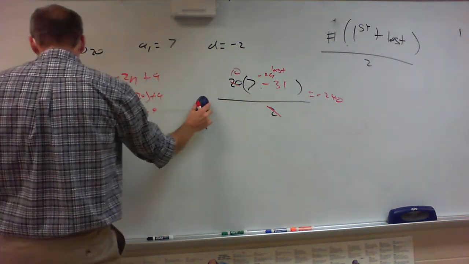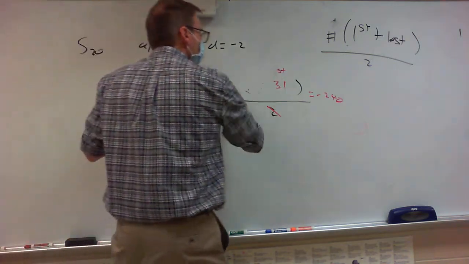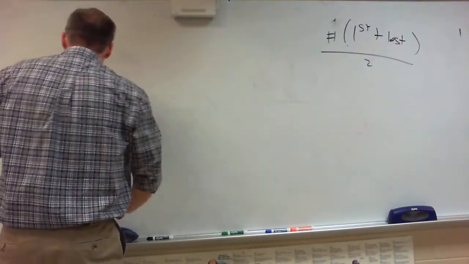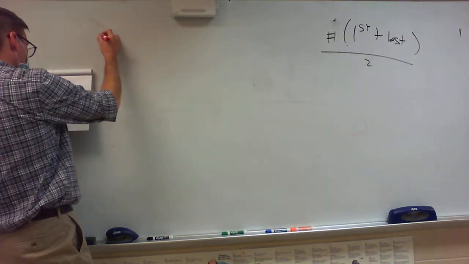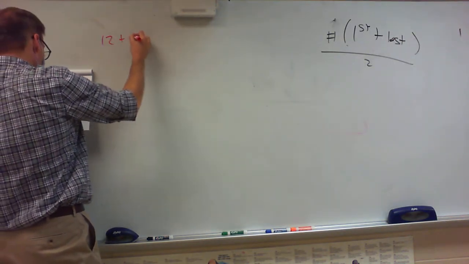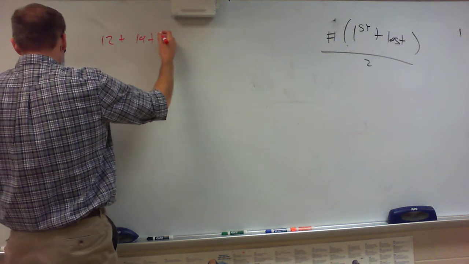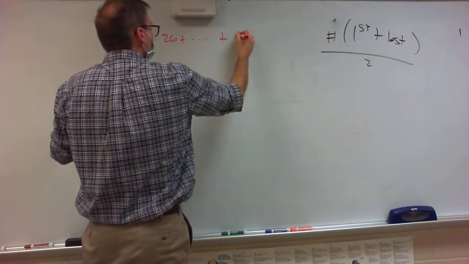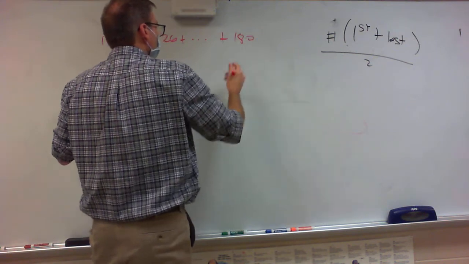Well, what if I ask you to find the sum of this: 12 plus 19 plus 26 plus dot, dot, dot, plus 180.